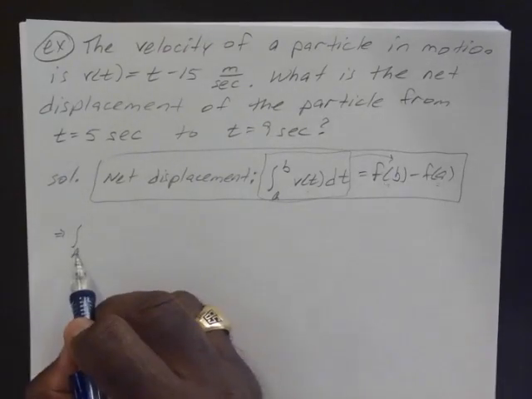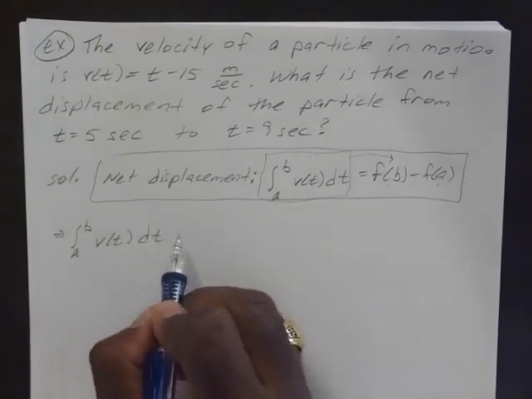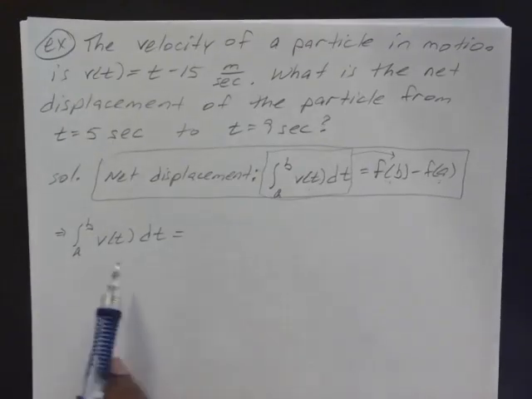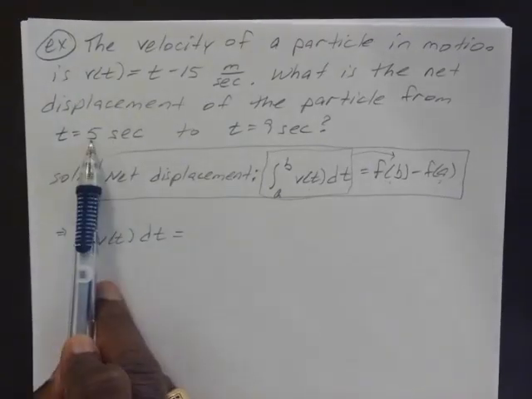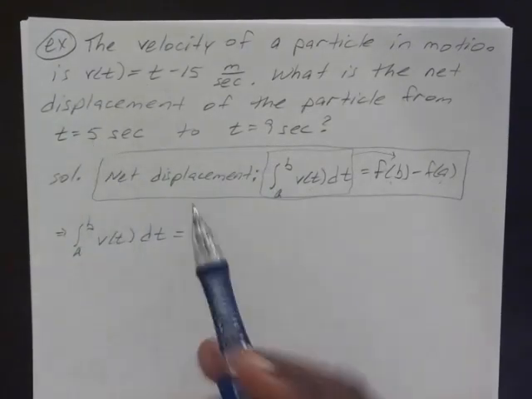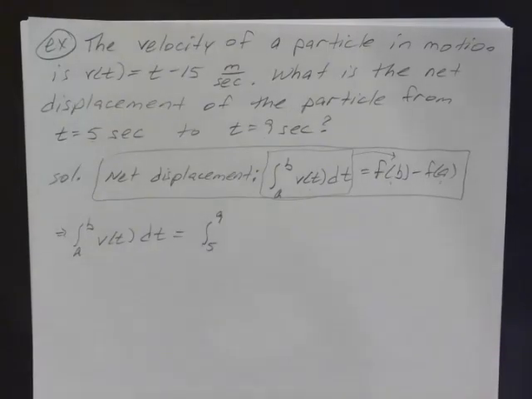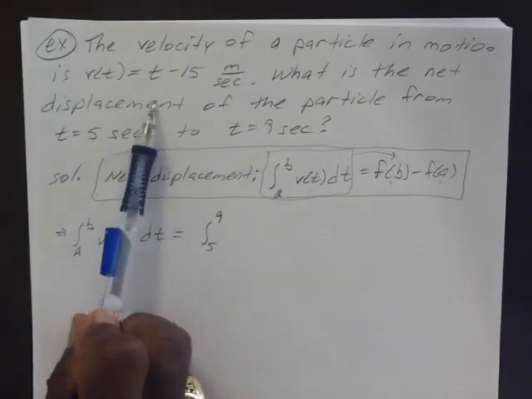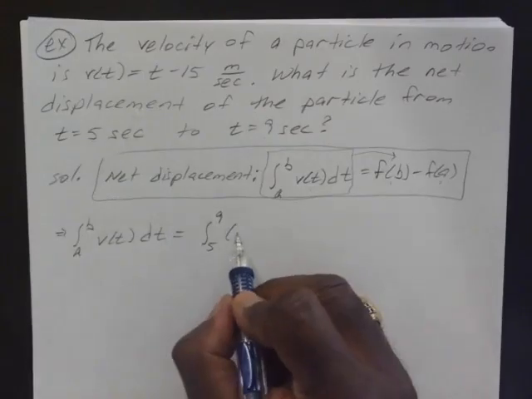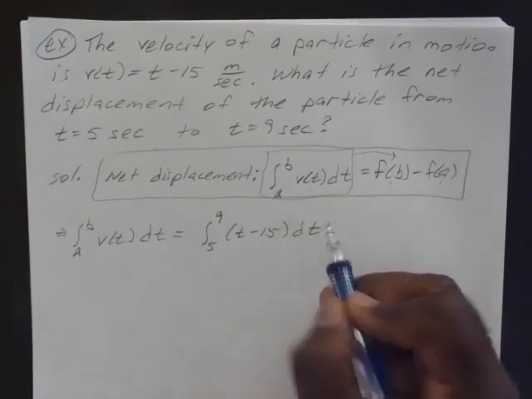Okay, so we know the integral from a to b of our velocity function with respect to t. It's from 5 seconds to 9 seconds, so that's our a and b. That's the integral from 5 to 9 of t minus 15 with respect to t.